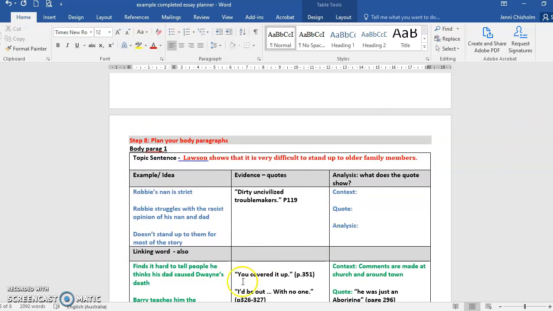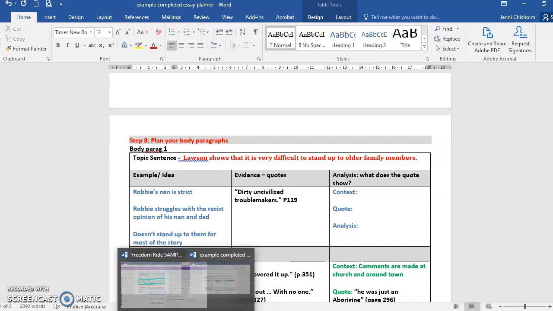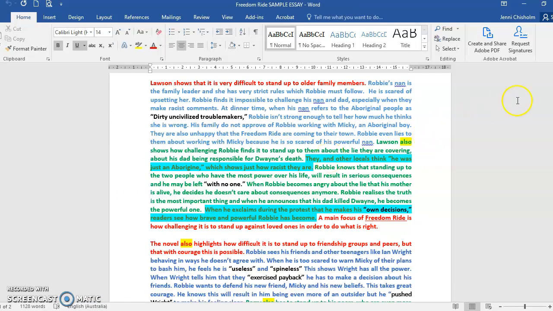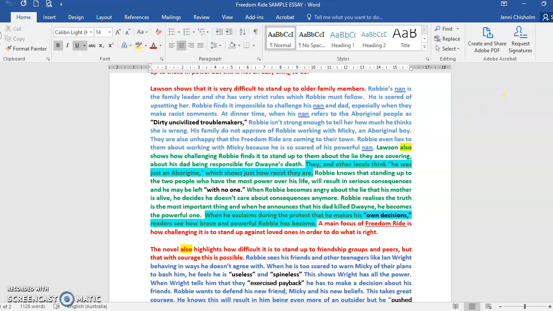All right, so if we go and have a look on the example essay, you'll see the red sentence there. Lawson shows that it's very difficult to stand up to older family members. That's the topic sentence. Okay, so that's the focus of what the paragraph's going to be about. All this part here in blue is your first idea and example. And then the green part is the second idea, example, and quotes. All right.